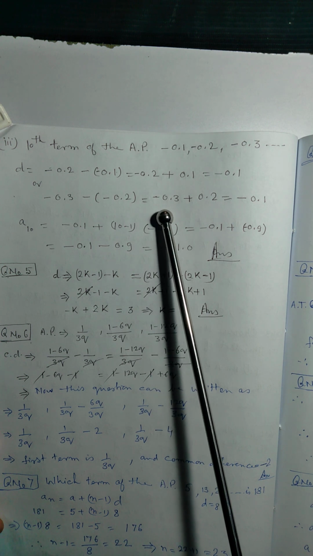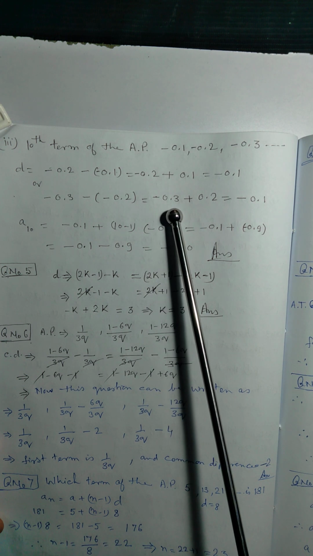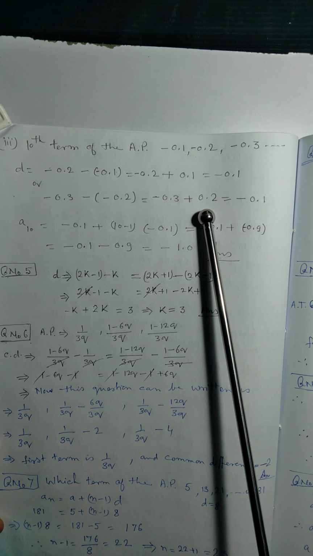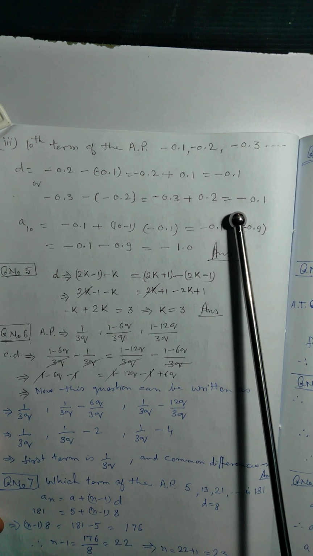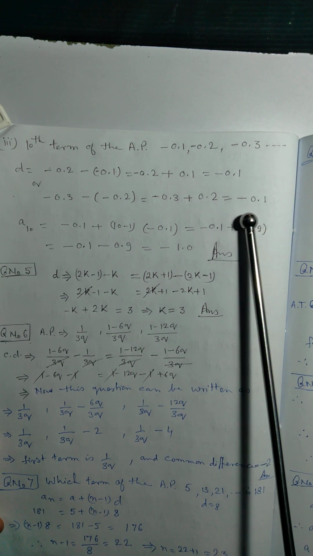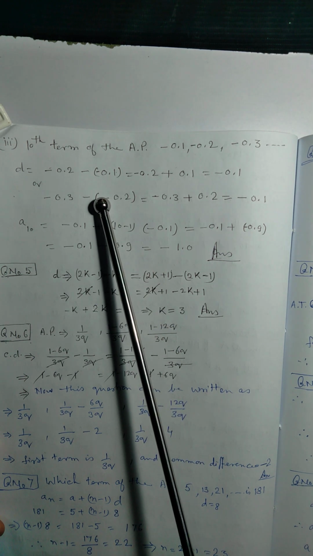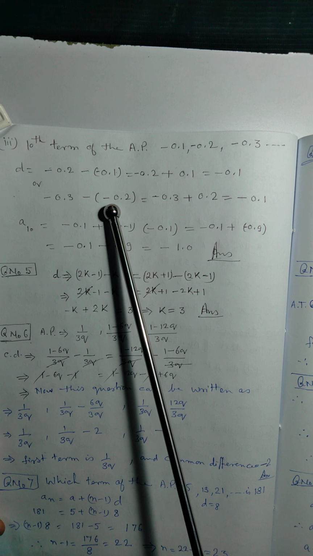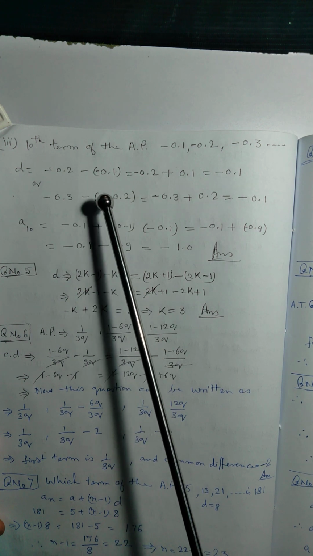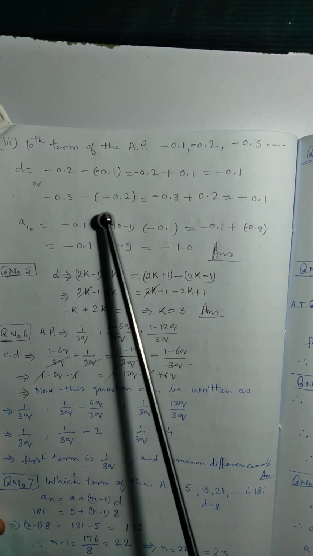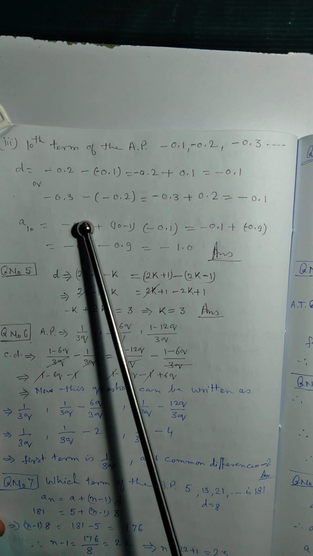Solve it, you will get minus 0.3 plus 0.2, that will be again minus 0.1. So in both cases, either you subtract first from second or second from third, you will get in both the cases the common difference equal.